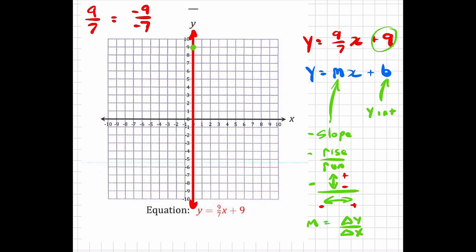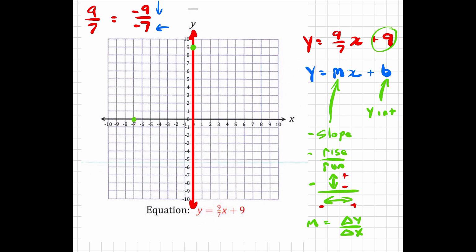So what I'm going to do is go down 9. So this negative 9 right here is telling me to go down 9 and left 7. Going down 9 will bring me down to the origin, and then I'm going to go left 7, and that will be my point right there.